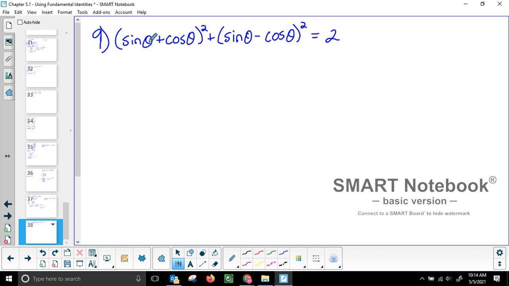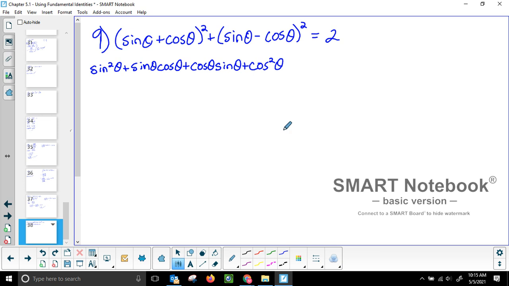So this is really sine theta plus cosine theta times sine theta plus cosine theta. If you were to go ahead and distribute all that out, or FOIL it if you're one of those people, then when I distribute sine theta plus cosine theta to itself, I would get sine squared theta plus sine theta cosine theta plus cosine theta sine theta plus cosine squared theta.